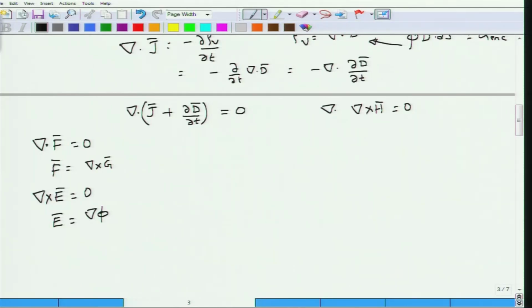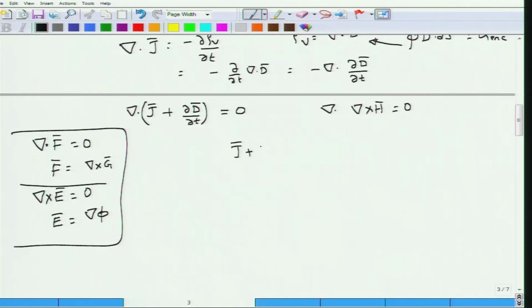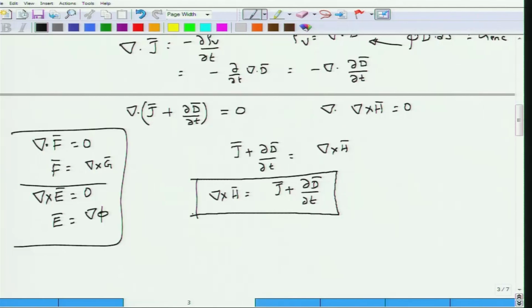Okay. So, invoking these ideas from vector analysis, we can proceed by saying that J plus del D by del t must be equal to curl of H. Or the traditional way of writing this one is to say that curl of H is equal to J plus del D by del t, and this is what is called the modified Ampere's law.